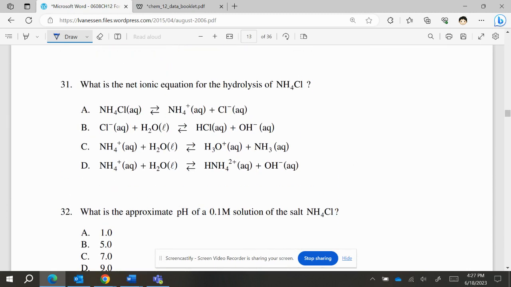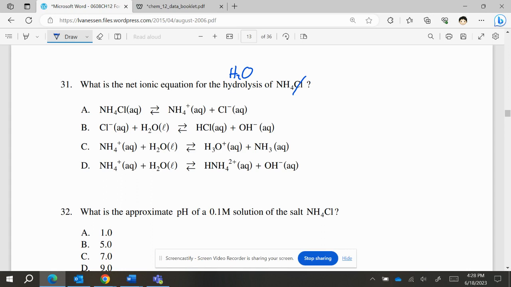Number 31, what is the net ionic equation for the hydrolysis of NH4Cl? Cl- is a spectator ion because it's coming from the strong acid HCl, so that's not going to react with water at all. Hydrolysis is reacting with H2O, so H2O plus NH4+.